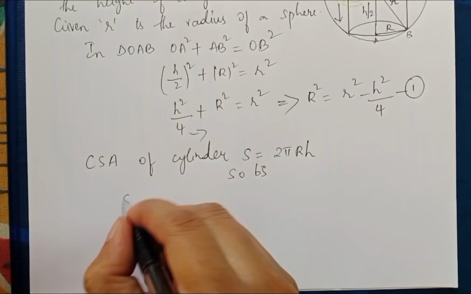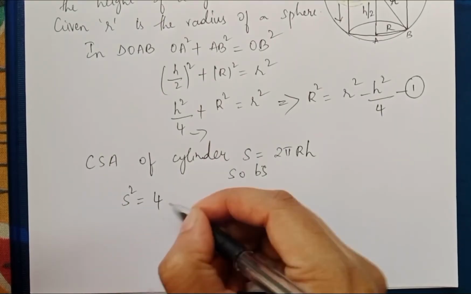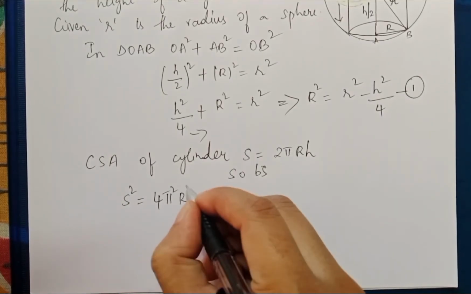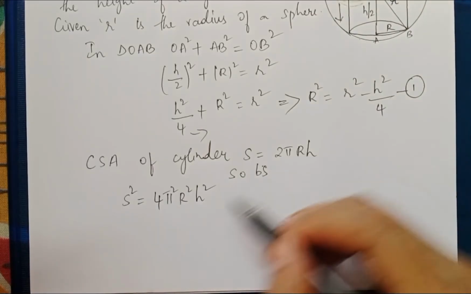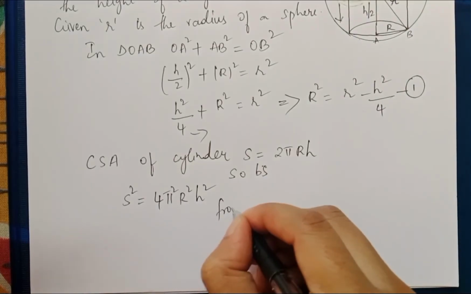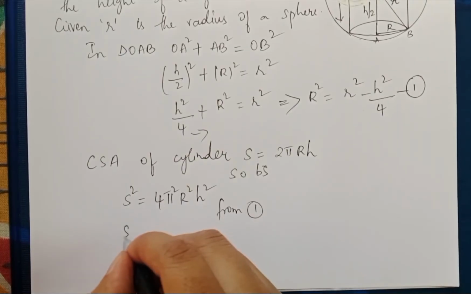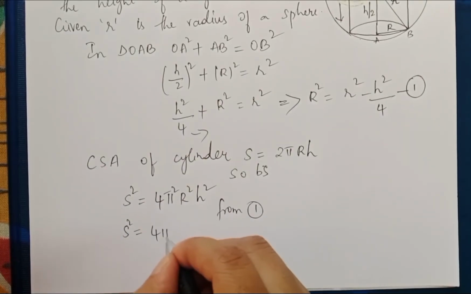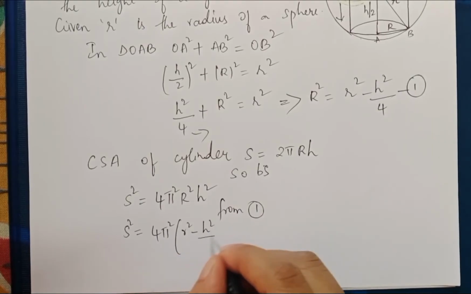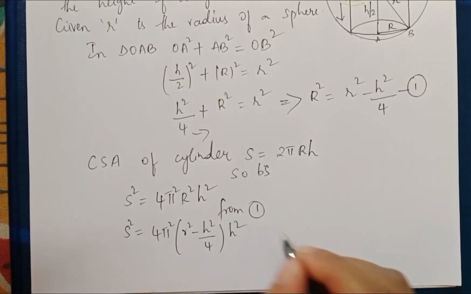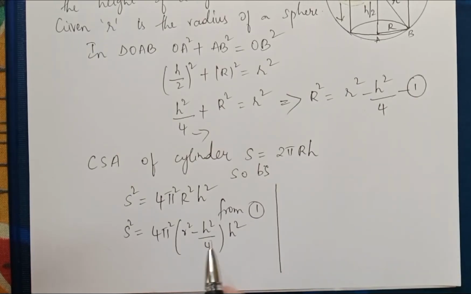We get S square is equal to 4 pi square R square h square. Substitute the value of R square from 1: S square is equal to 4 pi square into r square minus h square by 4, into h square.